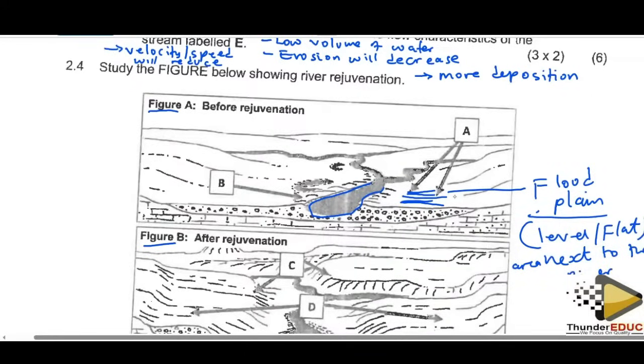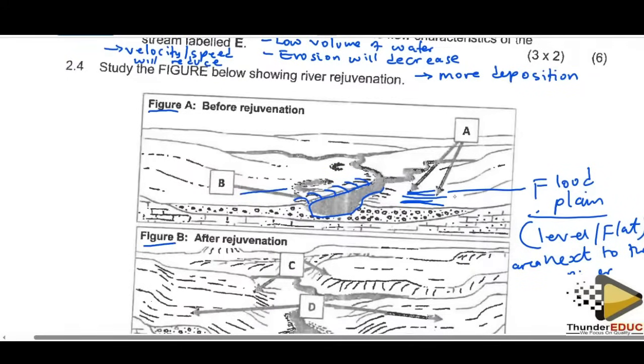Then feature B, if you look at feature B very carefully here, you see somehow there is a rise in this part here. You see, there's a kind of rising somewhere here, and it is very close to the river. But somewhere here, on this other side, it is flat, which is a floodplain.